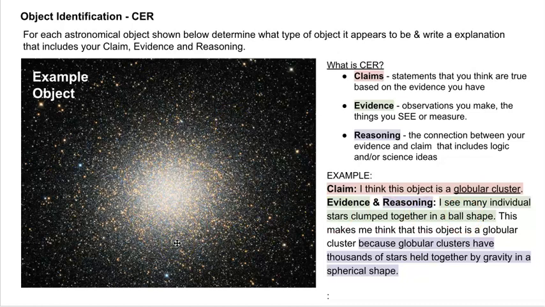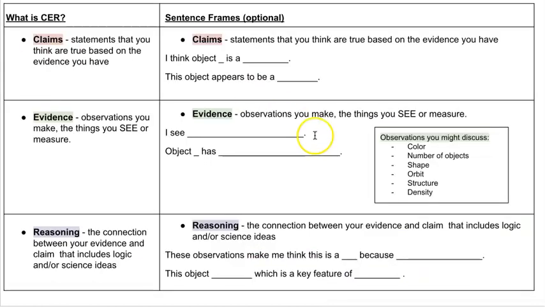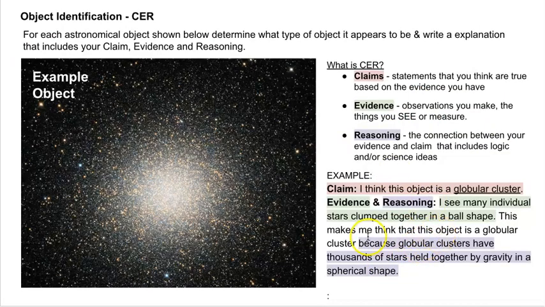I'm listing out those things that I see, and I'm noticing the number of objects, their shape, a little bit about the structure, and a little bit about the density too. So there's lots of things that you might observe that you might write down as evidence. And then I go on to state my reasoning about why these things that I see mean that I think this is a globular cluster.